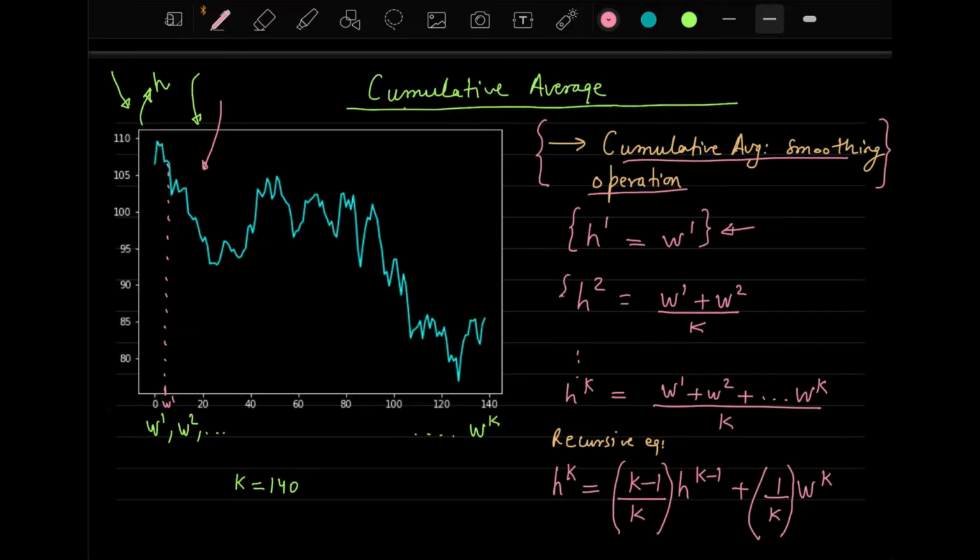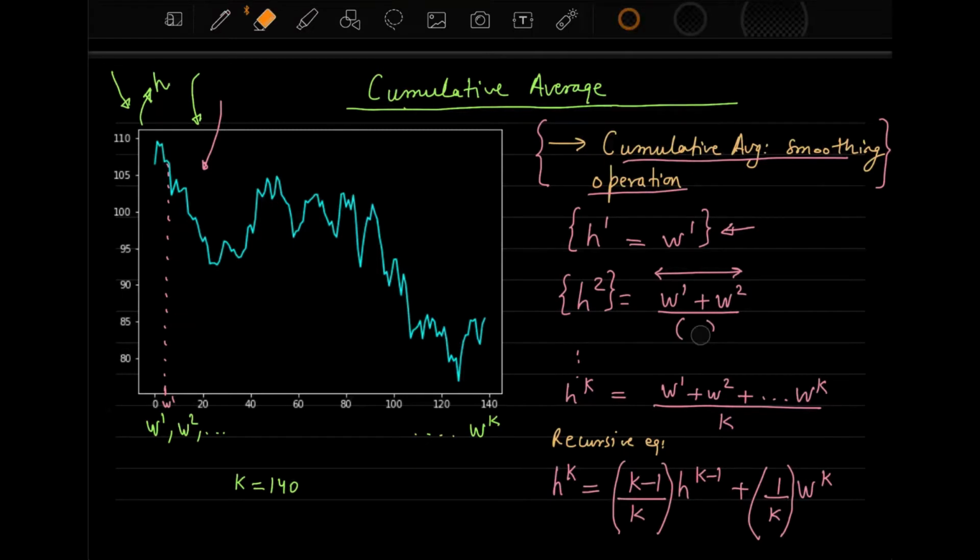In H2, what will we do? For this H2, we take the sum of the two numbers, W1 plus W2, divided by K. So we take the values at the W1 and W2 positions, add them up and average. Whatever value you have at W1 and W2, you take the two together and average.